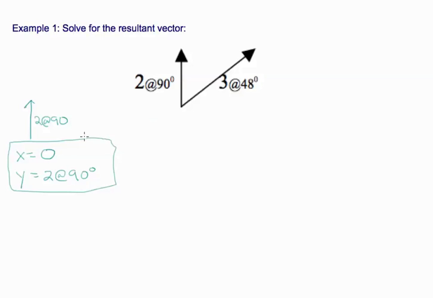Now we'll look at this vector. We have 3 at 48 degrees. So we'll do this one. Draw our x and y. Now all of a sudden this is a problem like we just did, a type 2 problem. The x is the adjacent, and the y is the opposite.